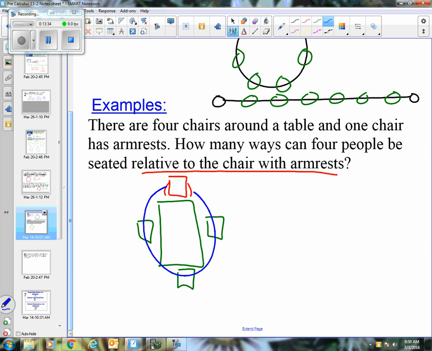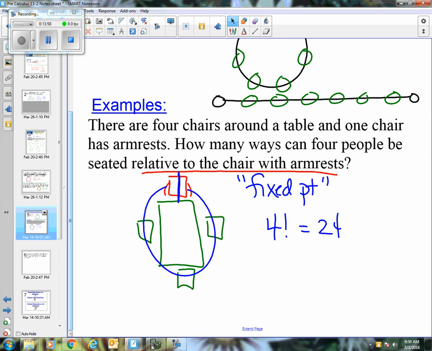So we're going around the table. But think of your armrest like your fixed point. That's where you're starting from. Because it's relative to something, that means we're starting and stopping with respect to that one chair. So instead of dividing out those other rotations, they are actually all different. It would just be 4 factorial or 24 ways that I can do this because of the fixed point.